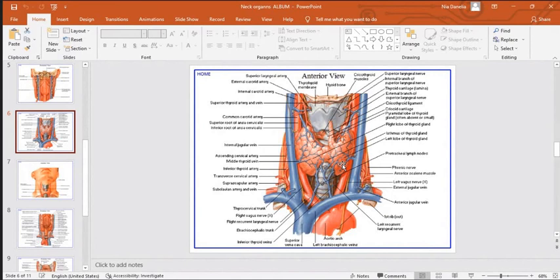The trachea extends from the cricoid cartilage to the sixth cervical vertebra. The trachea consists of two parts: the cervical part and the thoracic part.